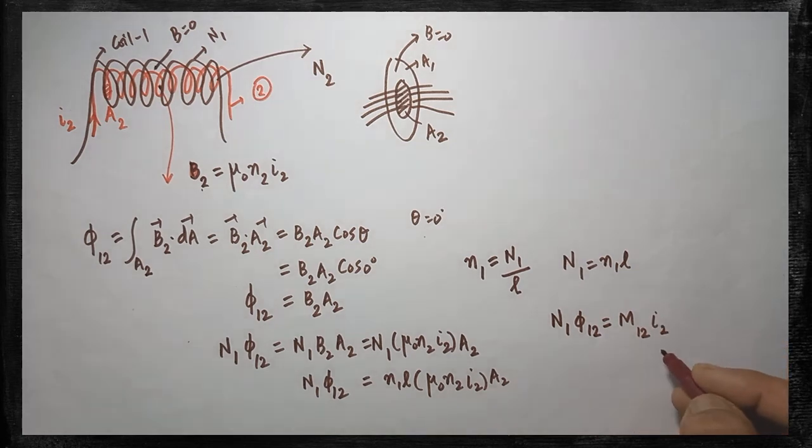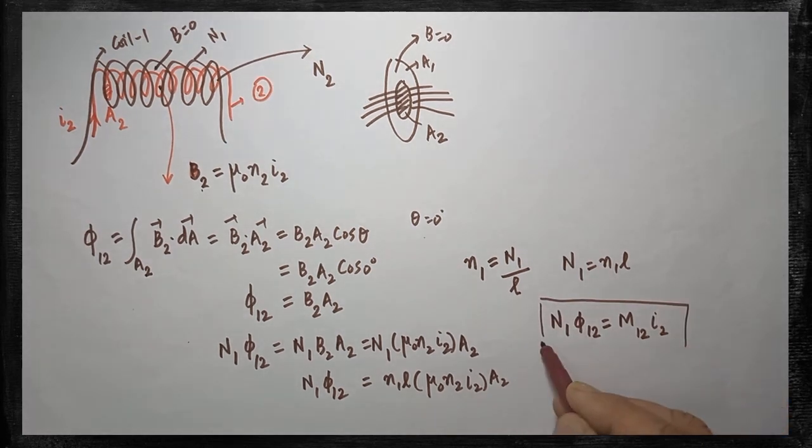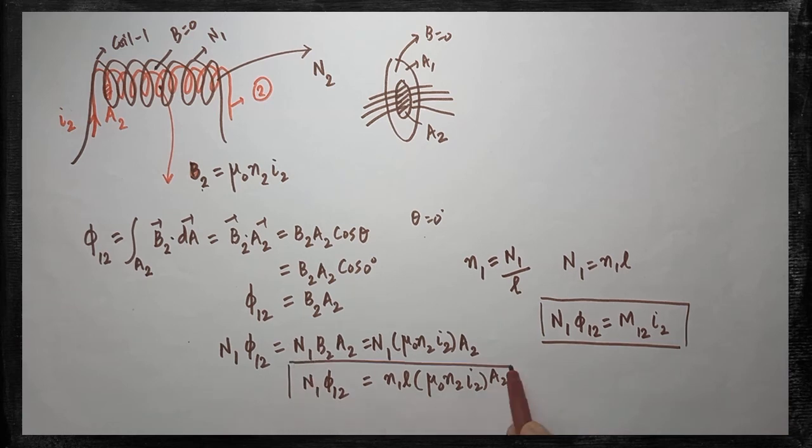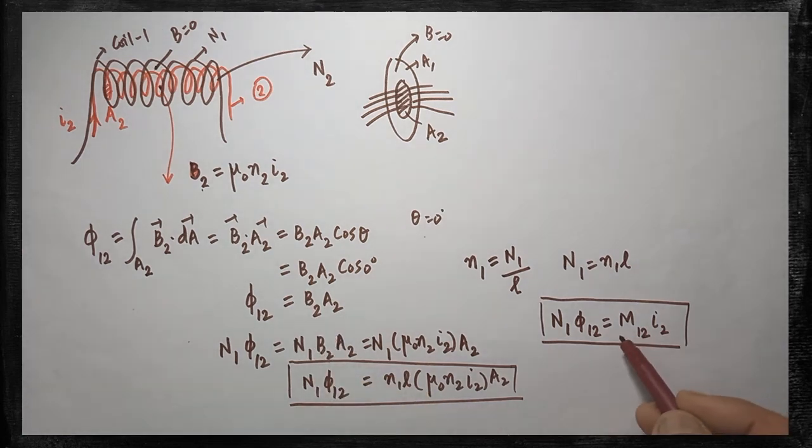This expression was already taught and derived in the introductory part of mutual inductance. Now we have two expressions for N1 phi 12. One is obtained from this part of the derivation, and the other from the introductory part.